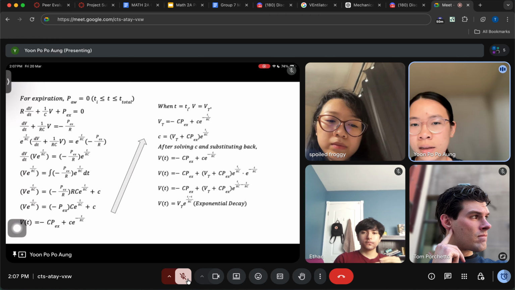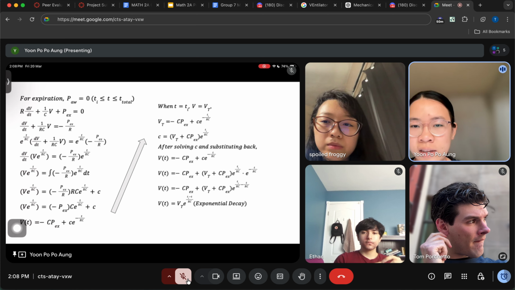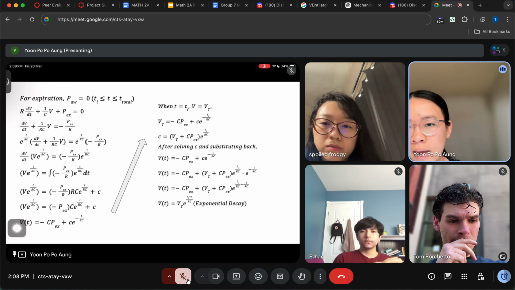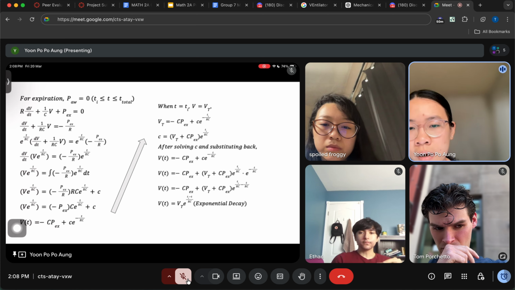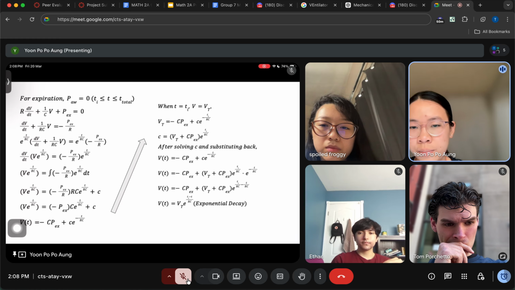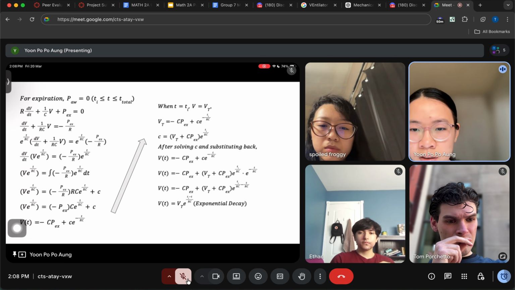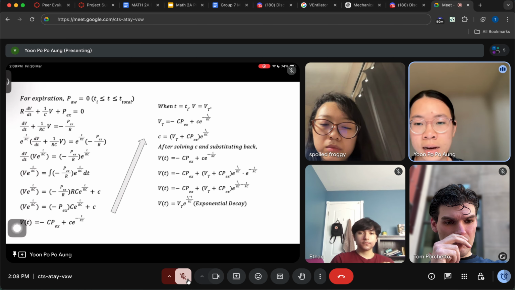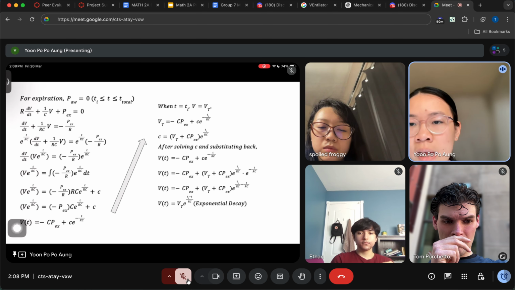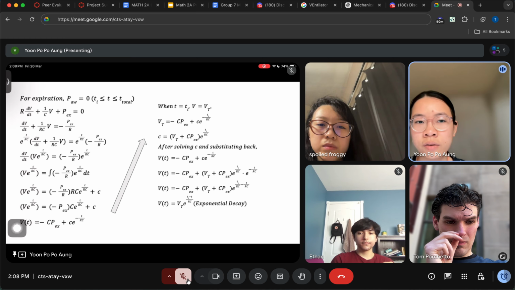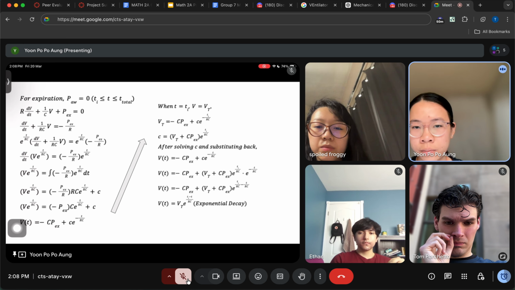We can now find the integrating factor again, which is the same, and do the same thing. And now we get V of t is equal to negative C P_ex plus C times e to the power of negative t over RC.